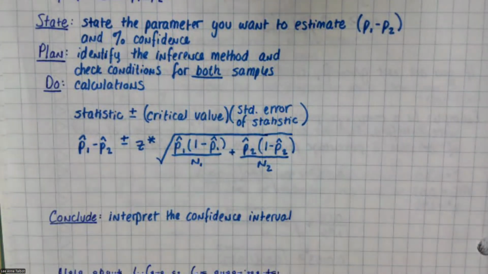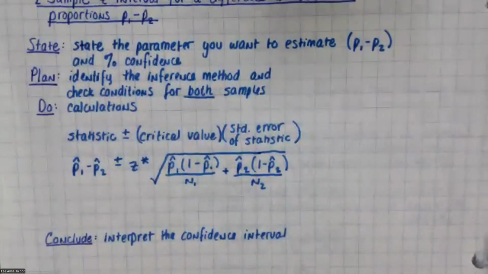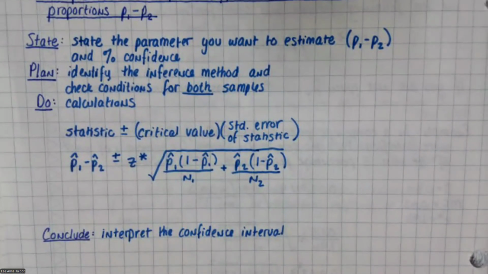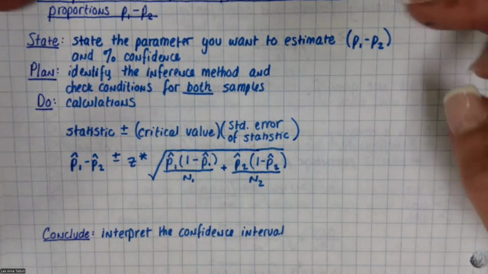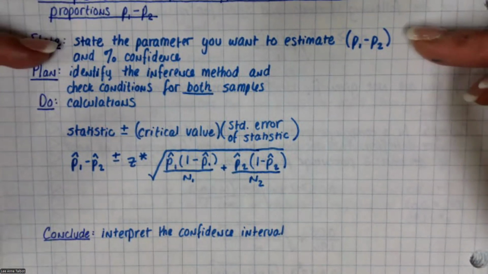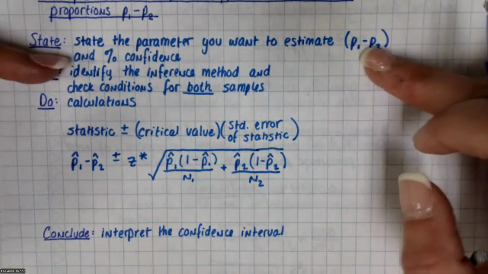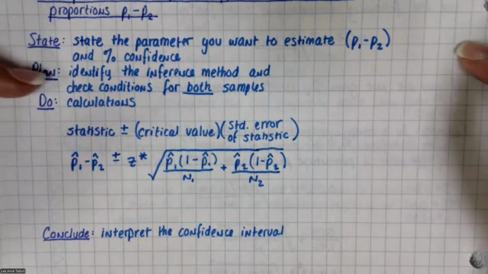And then your conclude is going to be the sentence for interpreting the confidence interval, not the level, the interval. Okay, so let me go over this again. State. You're going to state what you want to estimate and the percent confidence. Plan.